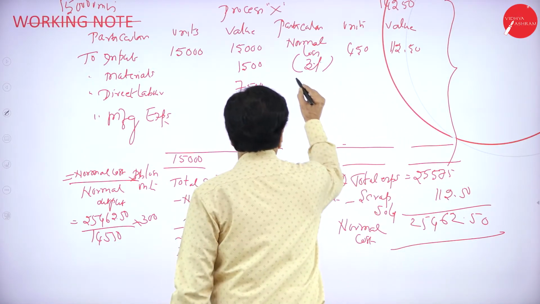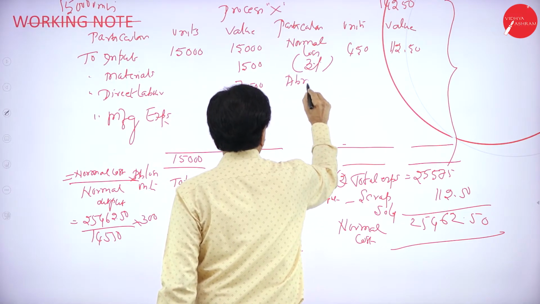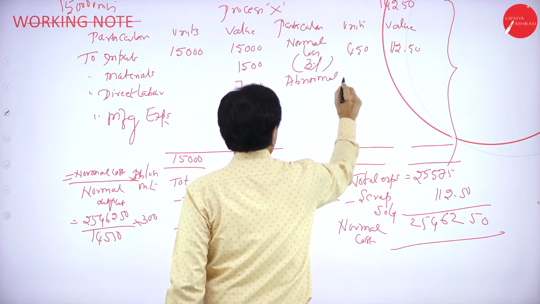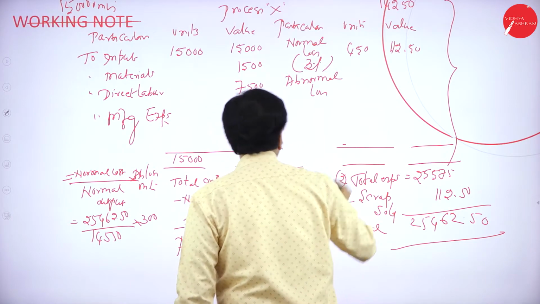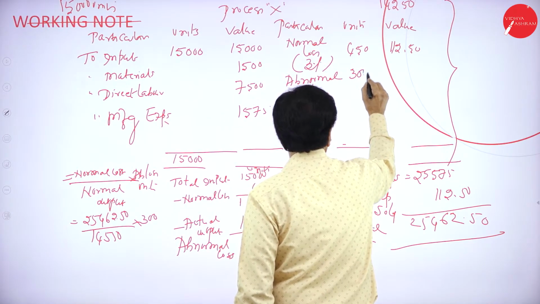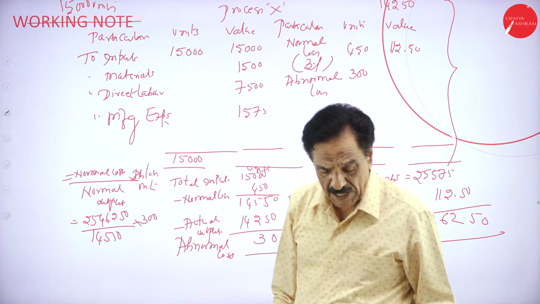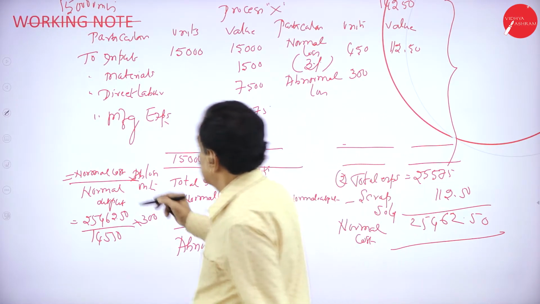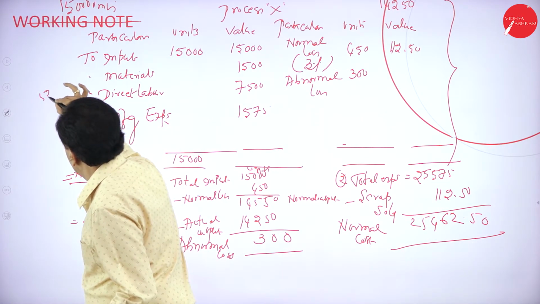So here, abnormal loss: how many units? 300 units. The value comes to 525.